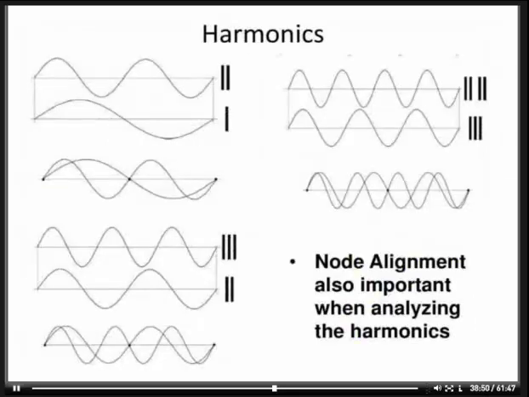So with that, I want to touch base on something called node alignment. This shows up a little bit more in music, but this is an important thing to touch base on, because when you have two waves or multiple waves of the same wavelength and they're vibrating exactly parallel to each other, their frequencies actually resonate in some type of a line or a like relationship.